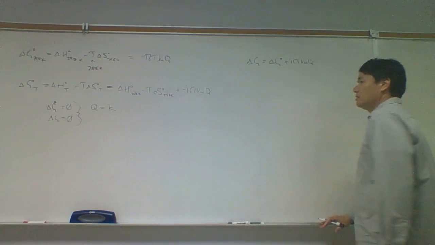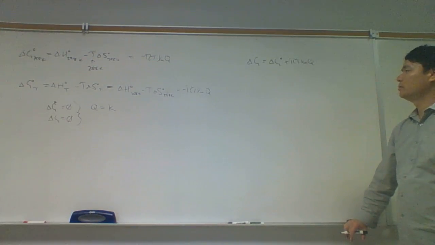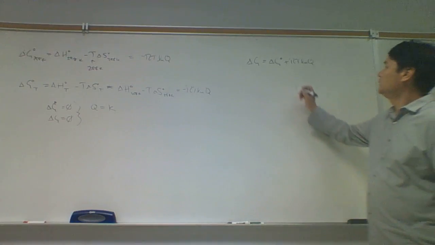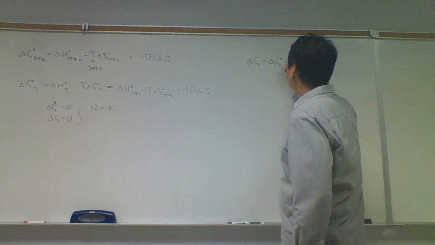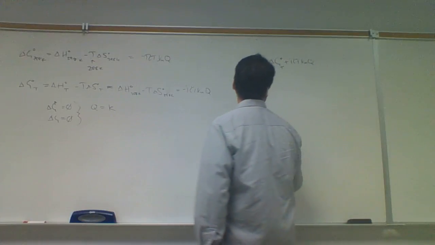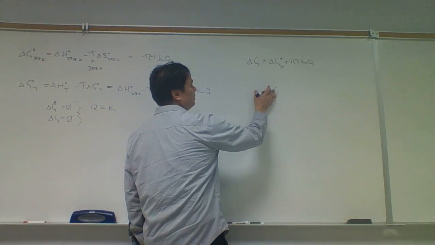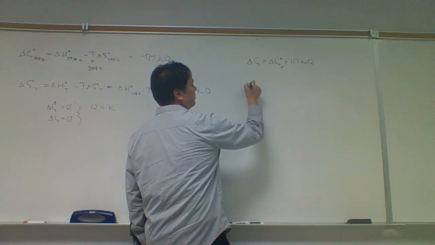And so this gives us different ways we can adjust the driving force. Temperature is one, and Q is another. This has to be at temperature T. And so typically we use this in two ways. We do this at 298 and not at 298. So we have to be careful.